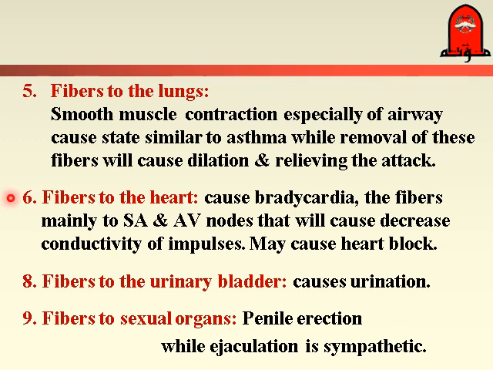The other condition is the fiber which goes to the heart. Generally speaking, the parasympathetic supply is mainly for the SA node and AV node, that is to say, the conductive system of the heart.